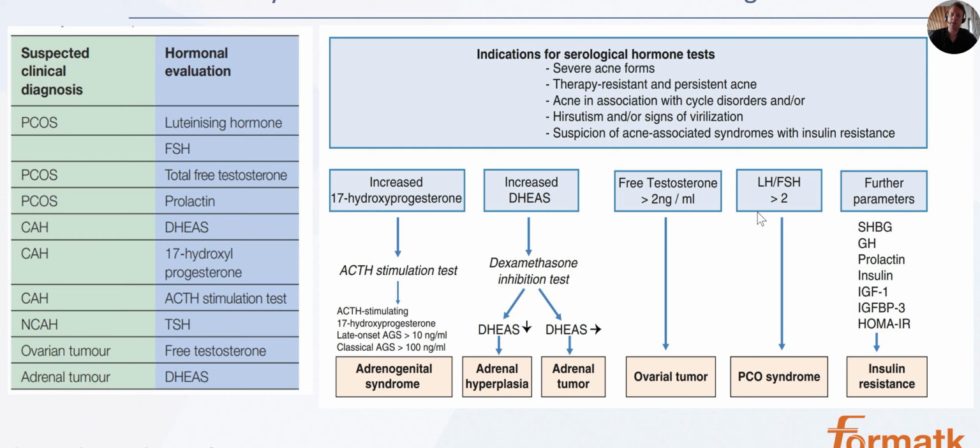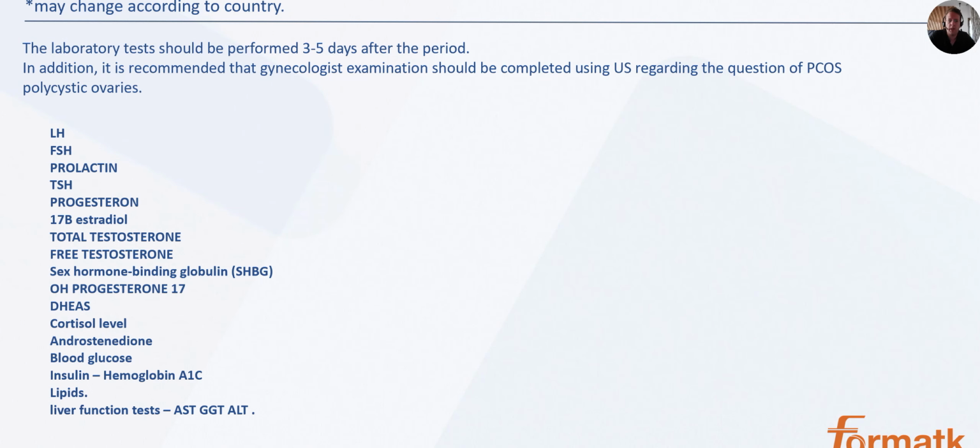If the LH/FSH ratio is above 2, then you have PCO syndrome. Other examinations may refer you to insulin resistance. So all these examinations should be in the context of the endocrinologist and the gynecologist to see if there is any relationship, and acne can be just one part of the manifestations of the diseases listed here.